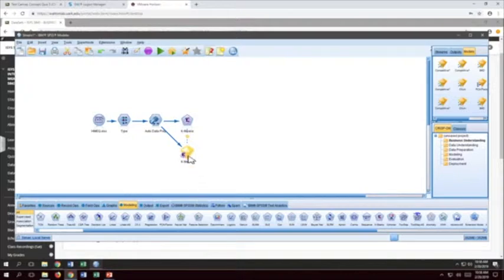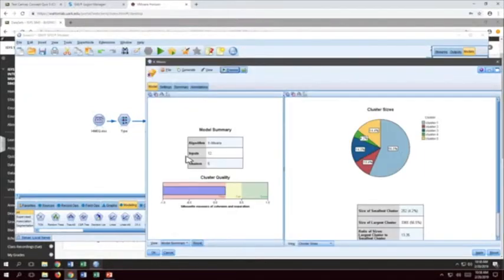Got something. Results. All right. Someone was asking, how do I know if it's good or not? There is one measure that we use. It's called the silhouette measure of cohesion and separation.